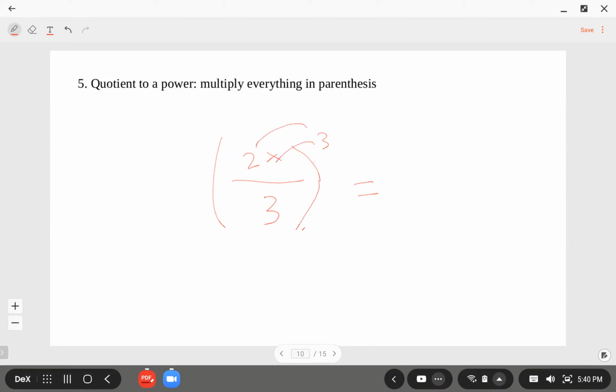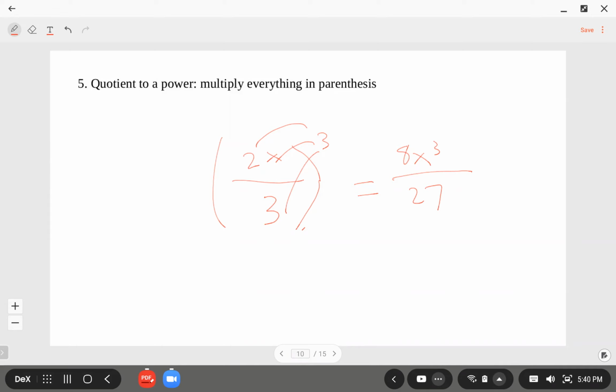What is x to the third power? What is 3 to the third power? It's like the distributive property. So let's do it. 2 to the third power is going to be 8 times x to the third power over 3 to the third power, which is going to be 27. And here is the simplified version of it all.